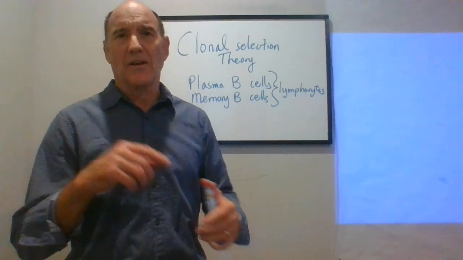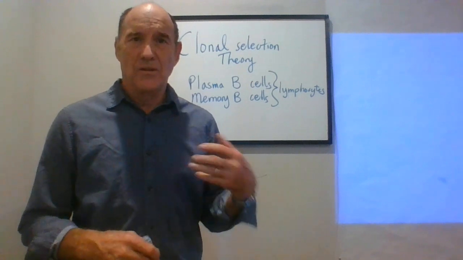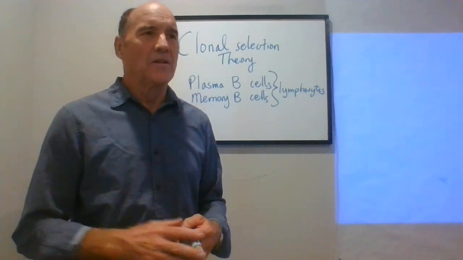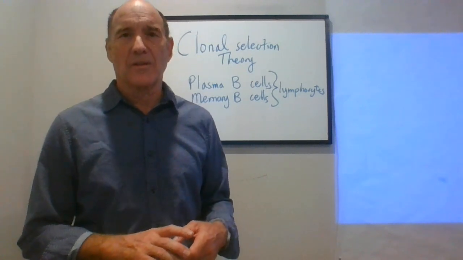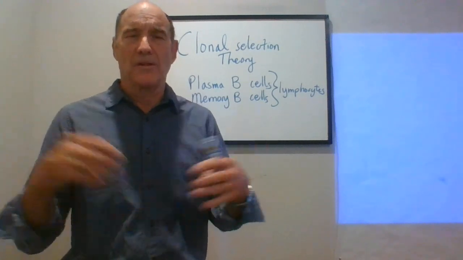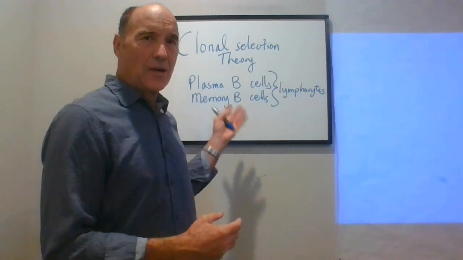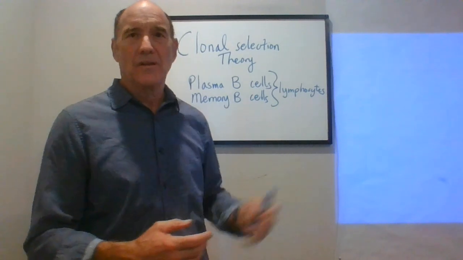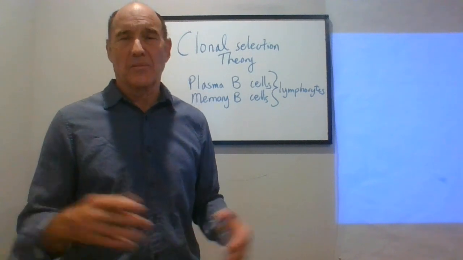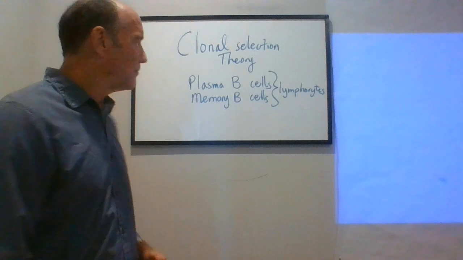Now you have other cells in the meantime that are attacking. You have neutrophils and eosinophils and macrophages, and so you have other cells that are battling that pathogen while your body is making the antibody plasma B cell. So it's not as though you're completely vulnerable. You have an army there battling.